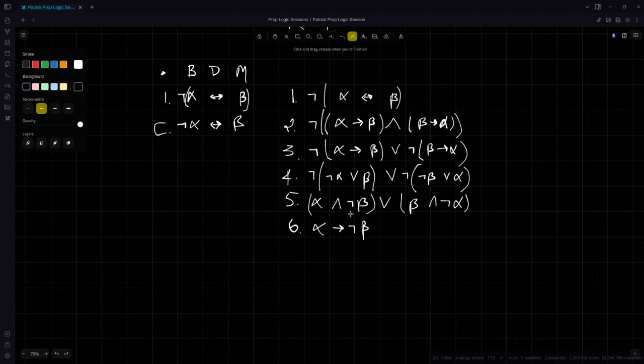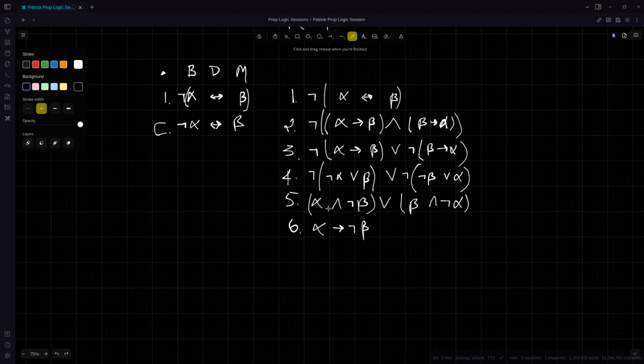Material conditional and material implication are basically the same. So if we're looking at 6, then it's true for every condition as long as alpha is not true and not beta is false. If you've got both of that, then not alpha implies not beta is false.